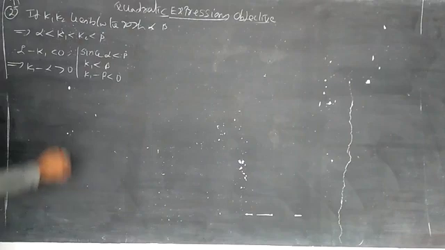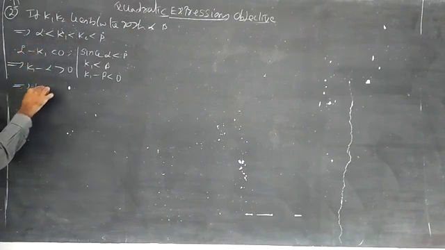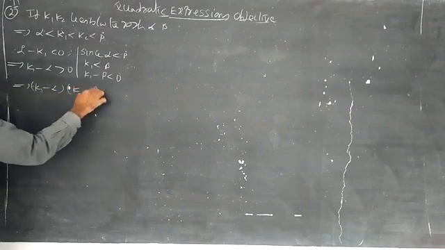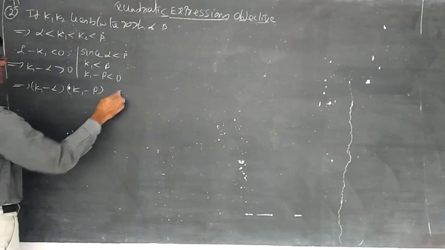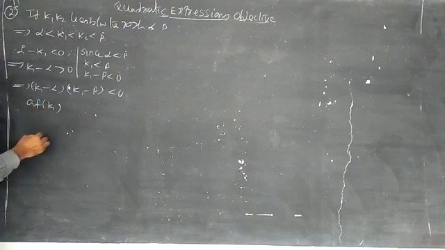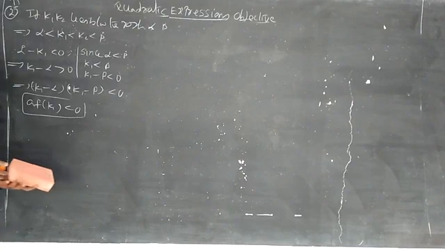Now k1 minus alpha greater than 0 and k1 minus beta less than 0, so k1 minus alpha into k1 minus beta becomes plus into minus. Therefore, a into f of k1 less than 0. It is the first case.